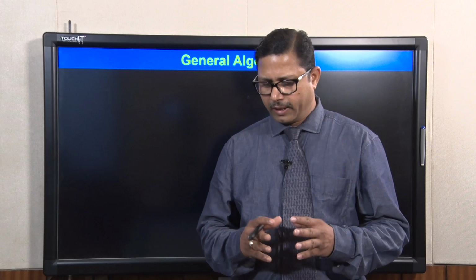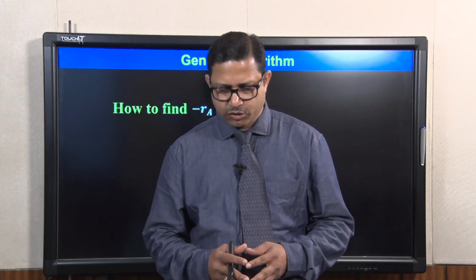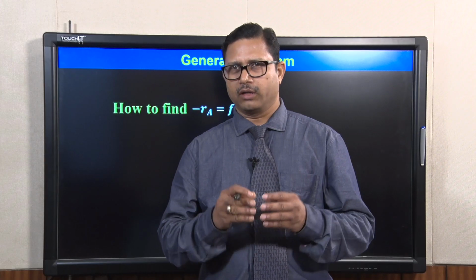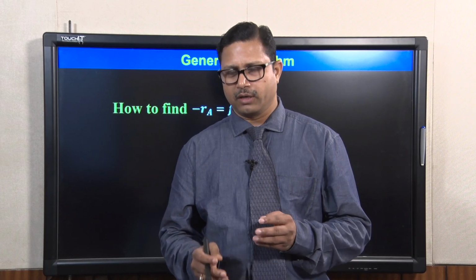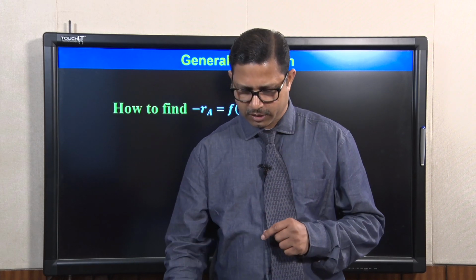So, our general algorithm for any stoichiometry related problem is, the idea is how to find out the rate of reaction as a function of conversion of a particular reactant which will react and convert to products. The conversion, the extent of reaction, can be related to the rate of reaction.